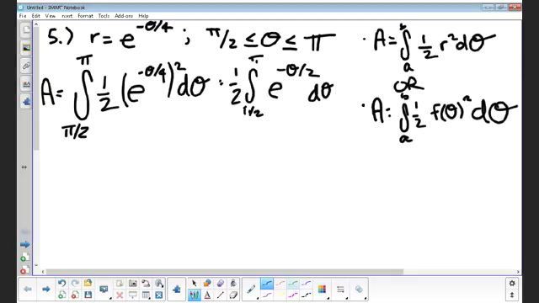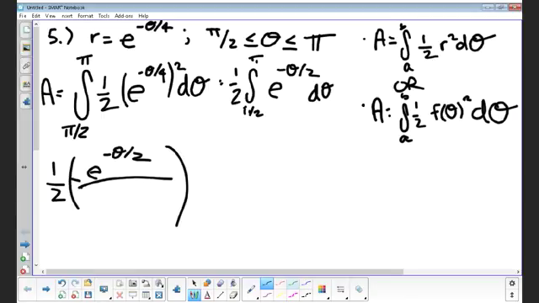Okay, so we can evaluate this. We've learned integration with respect to e to the power, fairly straightforward. We have 1/2 times negative e to the negative theta over 2 divided by the chain rule equivalent of 1/2.